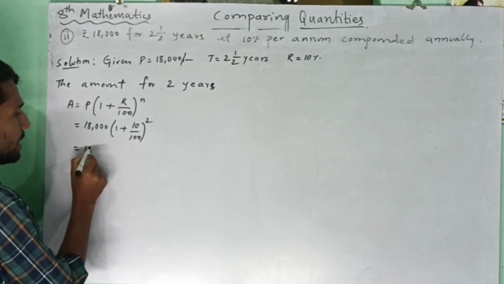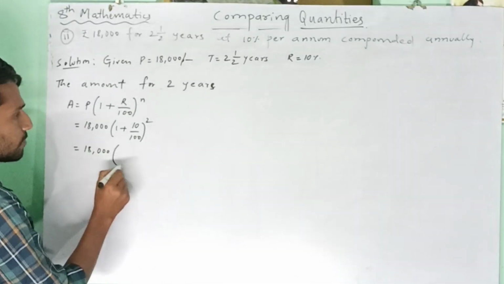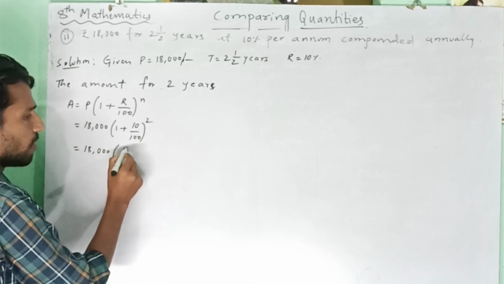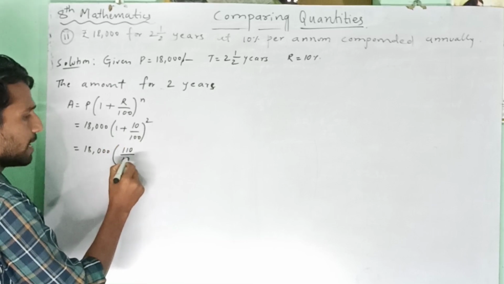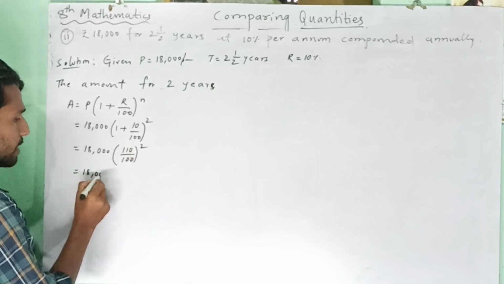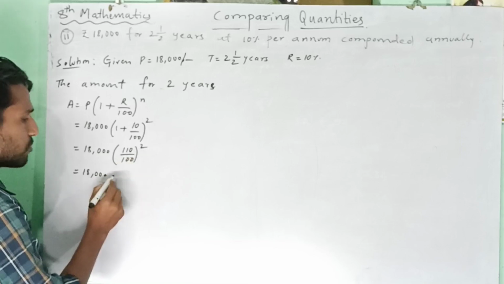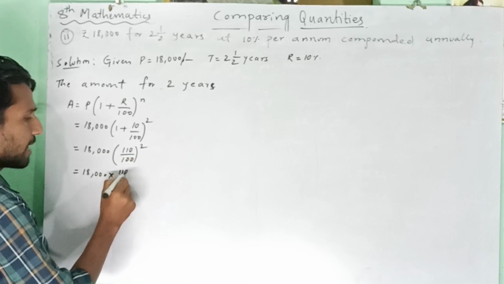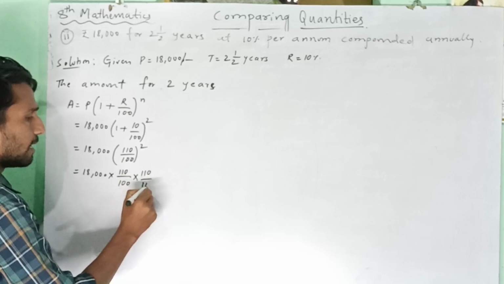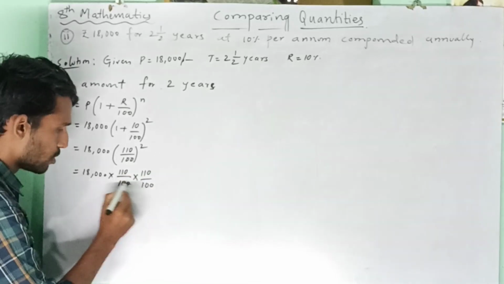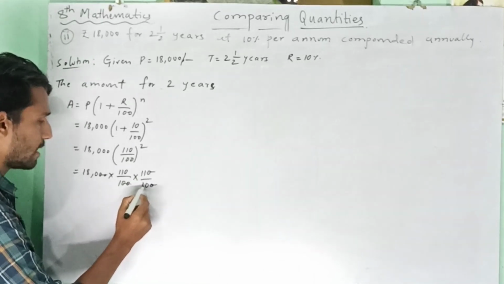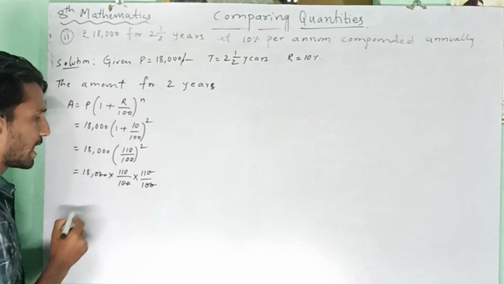Now 18,000, 100 into 1 is 100 plus 10, 110 by 100 whole to the power of 2. 18,000 we have to multiply here 2 times. Okay, 110 by 100 into 110 by 100. Okay, here 20 get cancelled. Here 10 get cancelled and 00 get cancelled.